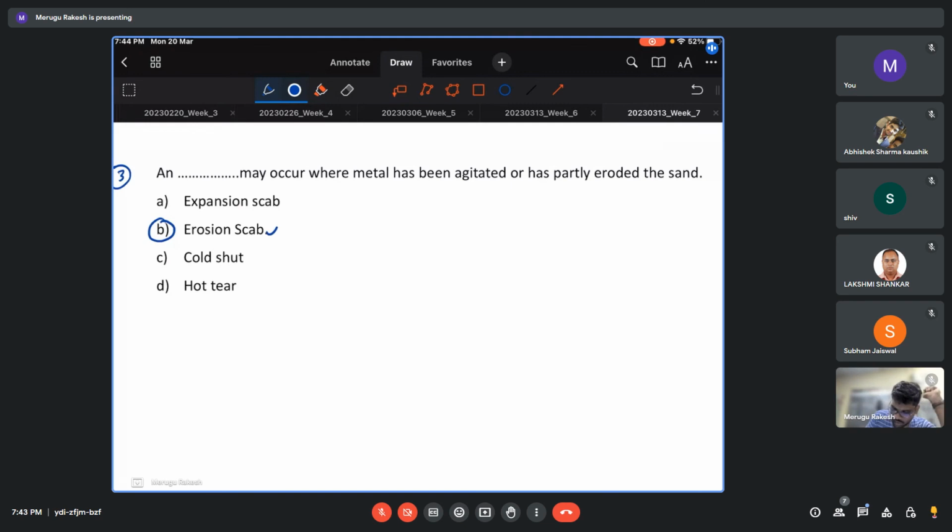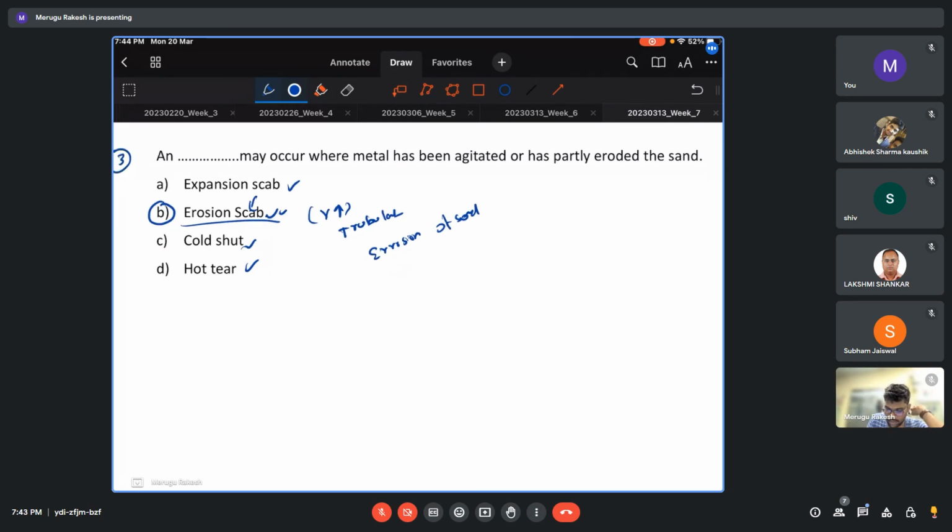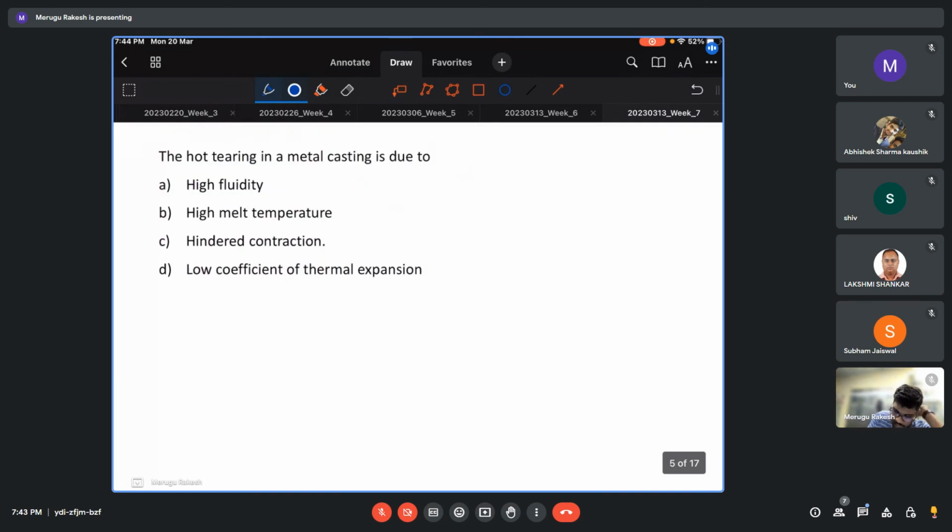Yeah, option B is the correct one. So expansion scab we already covered. Cold shut also we covered. So this is the erosion scab. If the metal velocity is a little higher or it is in a turbulent stage, there is a chance of erosion of the sand, and there we can get this scab as well. Okay, let us go to the next question.